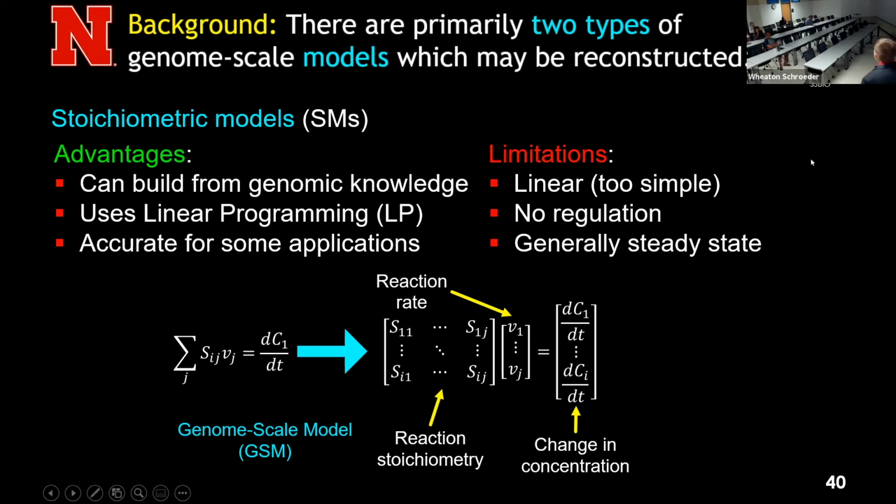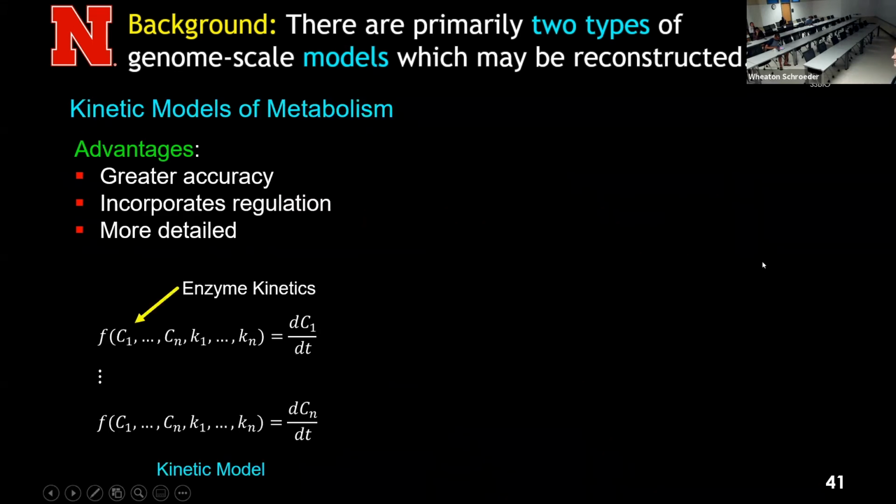However, they're limited in that they are linear, because this makes them a bit too simple to model some complex and dynamic behaviors that might be in metabolism. We also don't include regulation in a very robust manner when we use these models, and generally they're modeled at steady states.